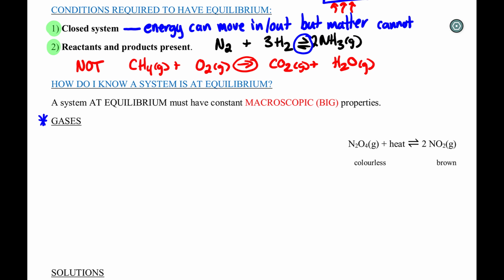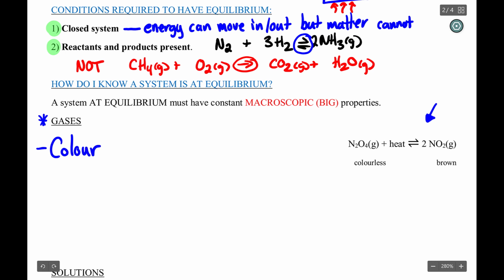So I have an example over here of a gaseous system which can be in equilibrium. Now, I could do a number of qualitative things and even quantitative things to check to see if this was in equilibrium. Okay, so the first thing I could do, I could check for the color of this system.